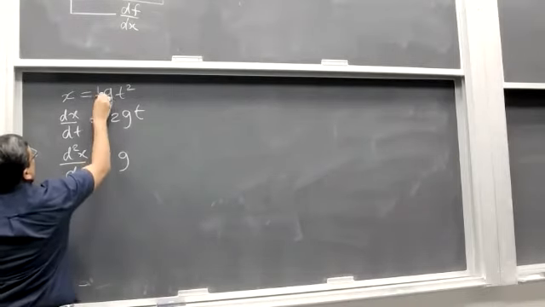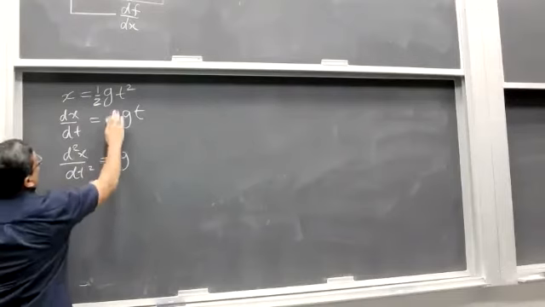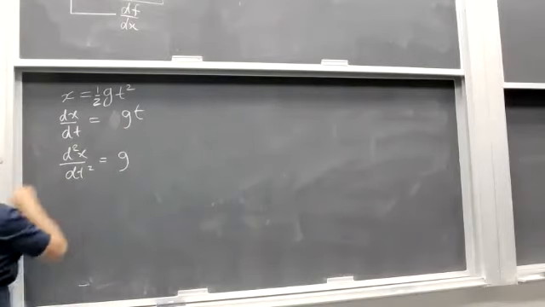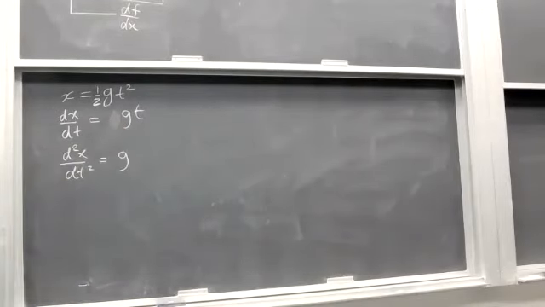So this is half g t square, then this would be g t, and this would be g, right? So this is the equation. Now we want to start with this equation.